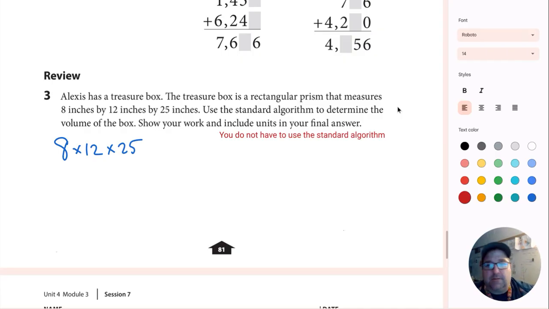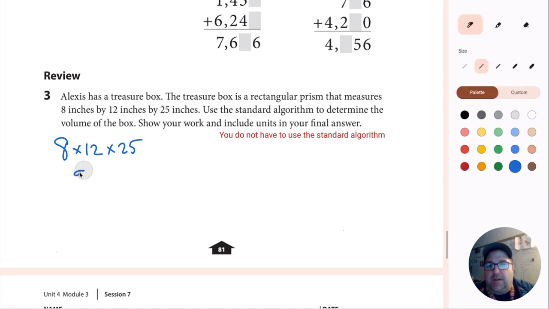Because really, 8 times 12, that's one that we should kind of know from working on our math facts, right? So we get 96. So then we have 96 times 25. And then we can double and half till we get to 100, actually.